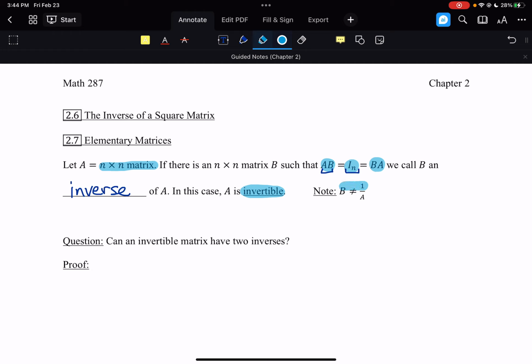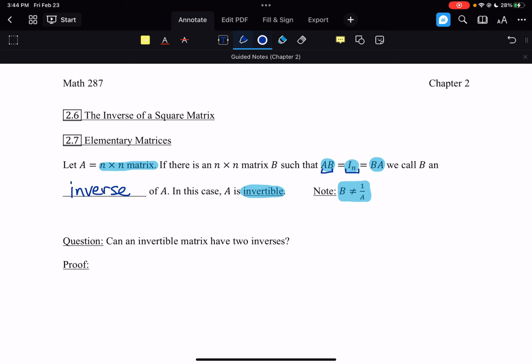So this doesn't mean B equals 1 over A. When you think of an inverse in algebra, you think of, like, 2 and 1/2, a reciprocal. It's not the same thing with matrices. With matrices, the inverse does have a similar effect where when multiplied together, they give us the matrix equivalent of 1. That's the identity matrix. But it is not the same thing as dividing by A.